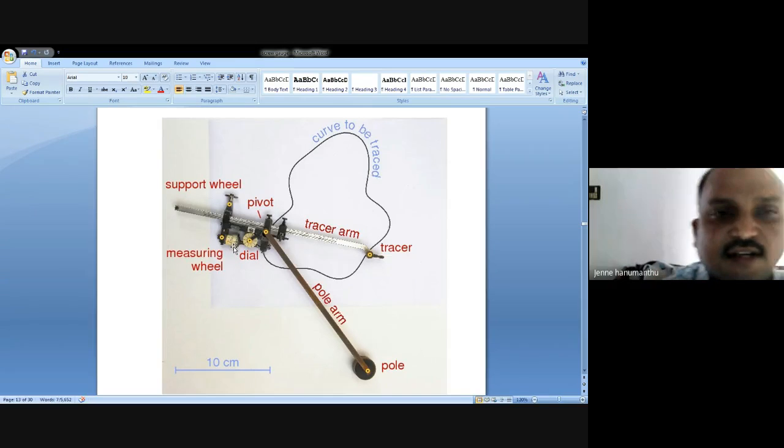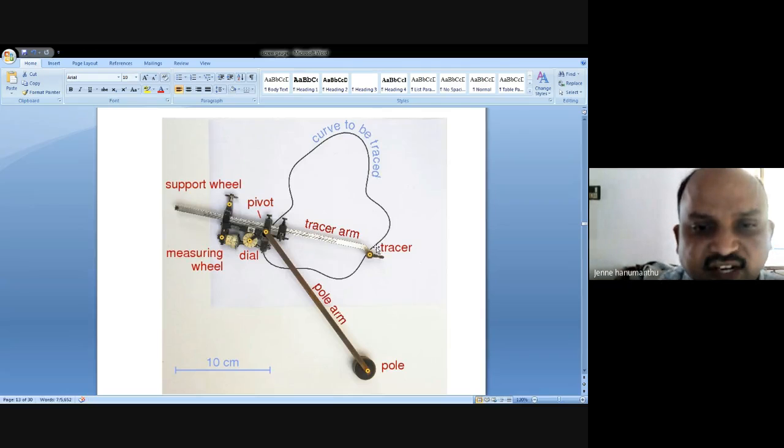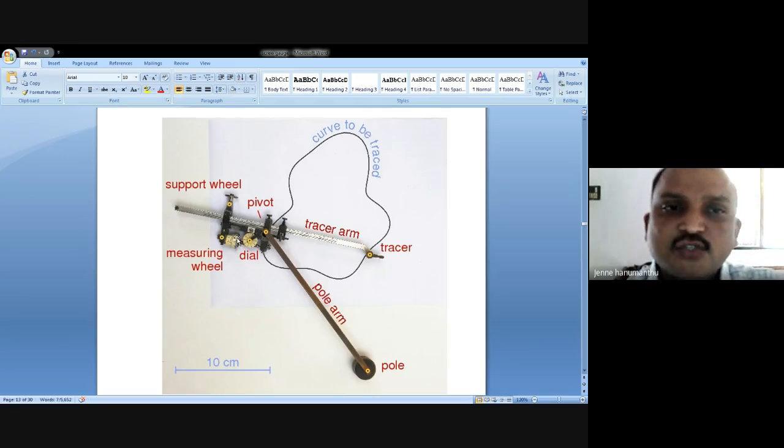When the tracer moves for one round, the wheel also moves. The wheel shows some value among the 100 divisions.